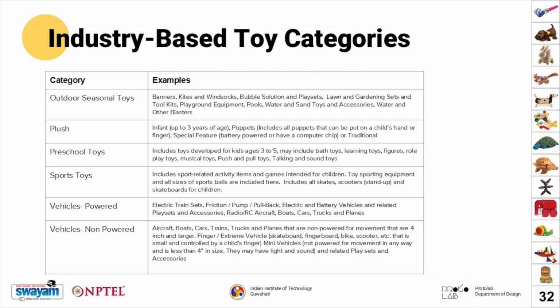Vehicles are split into powered and non-powered categories. Powered vehicles include battery-powered cars, trains, and RC sets, remote control sets. Non-powered vehicles include miniature cars, trucks, planes, boats, and finger-controlled extreme vehicles.